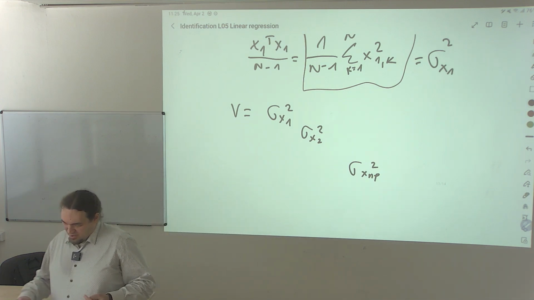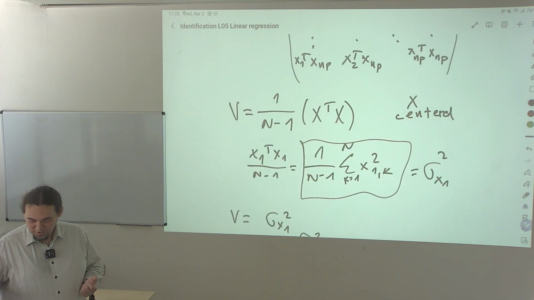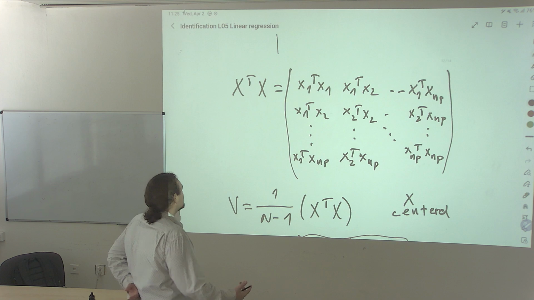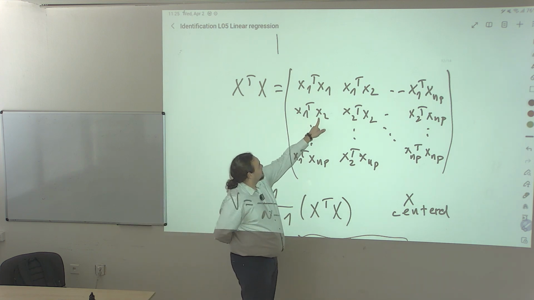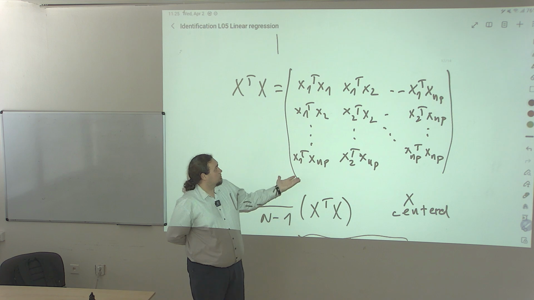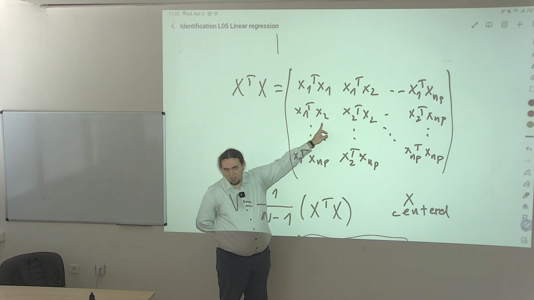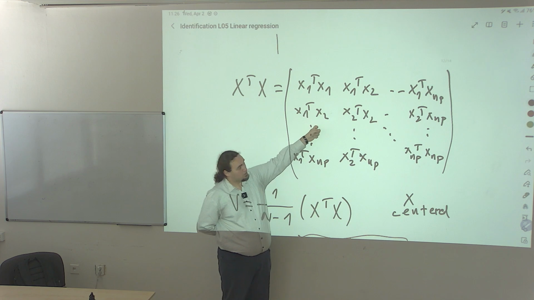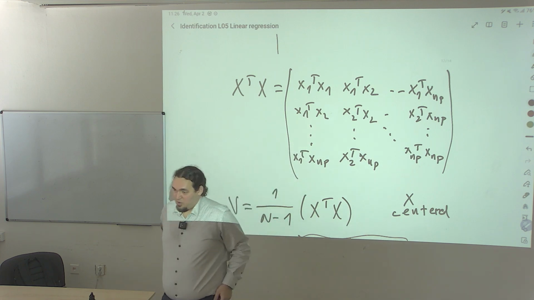Very interesting will be the off-diagonal elements. The off-diagonal elements are now coming from these cross terms, so they should tell us something about the relation of x1 with respect to x2.